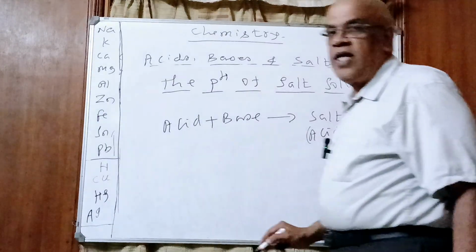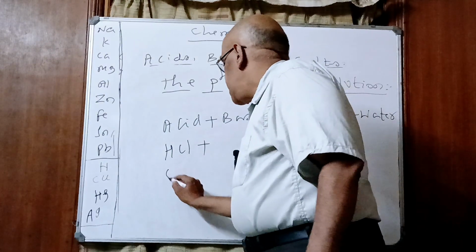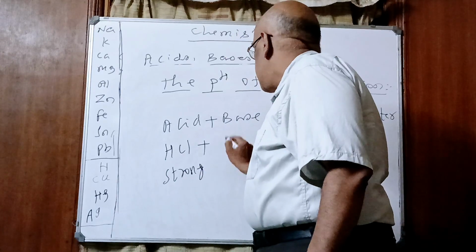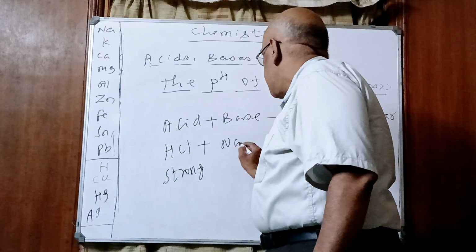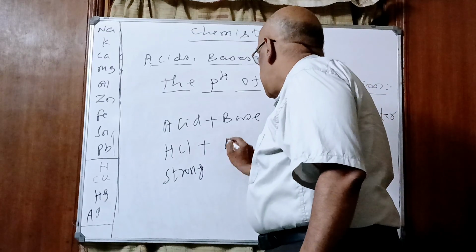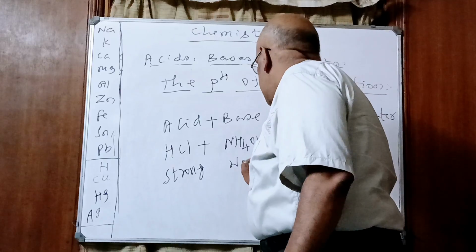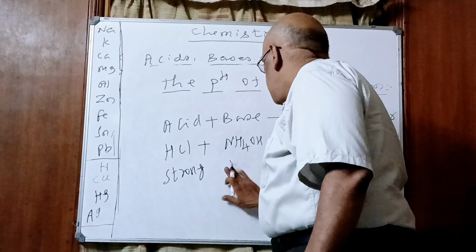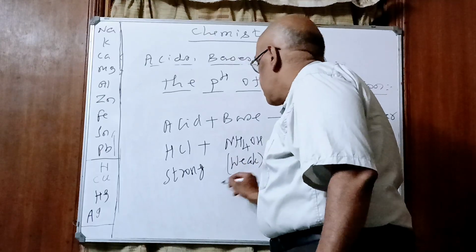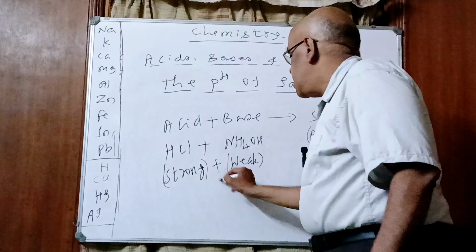Now, this salt can be slightly acidic. What is the reason, children? It is the result of a strong acid. When a strong acid reacts with a weak base, not NaOH but NH4OH, which is a weak base, what do we get, children?